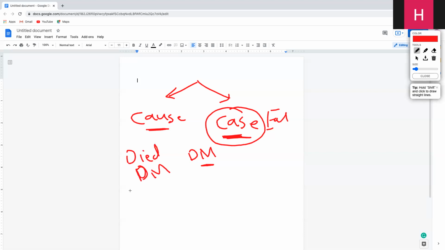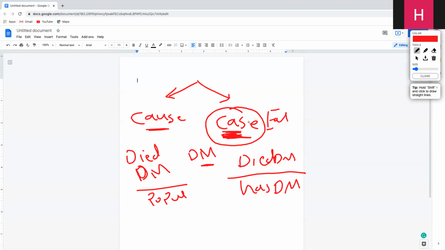From this cause you want, and then you will divide it by the population in general. But when it is case fatality, you will take those who died from diabetes mellitus, and then you will divide it by those who have diabetes mellitus. So it's about the case fatality rate.